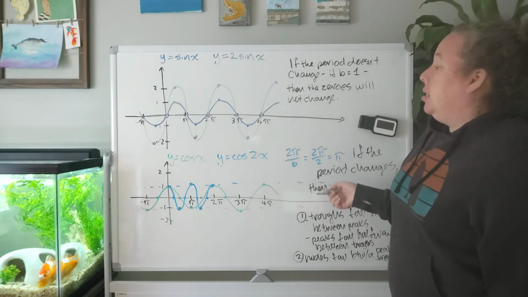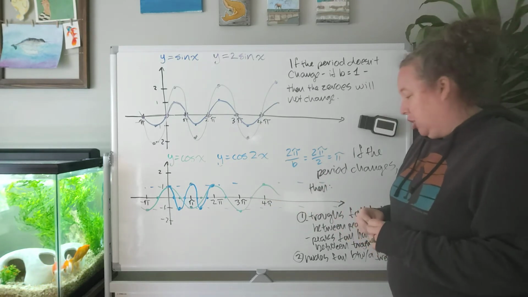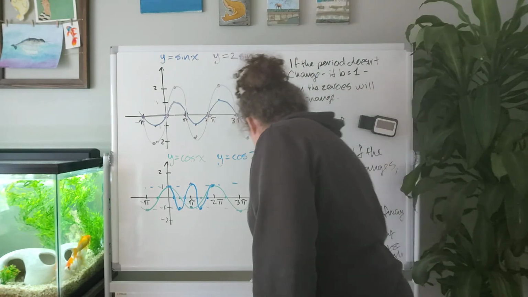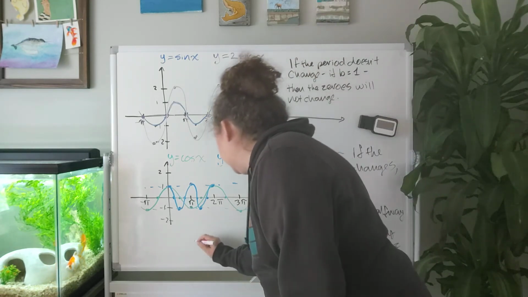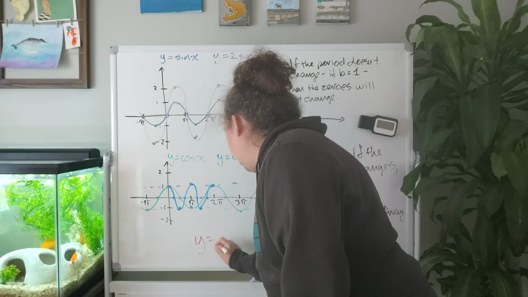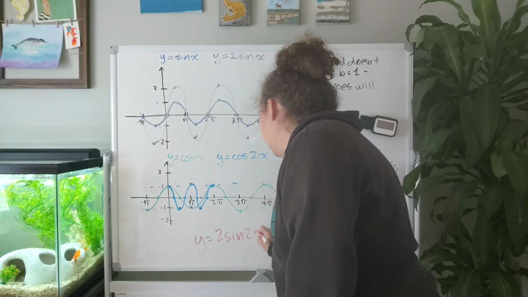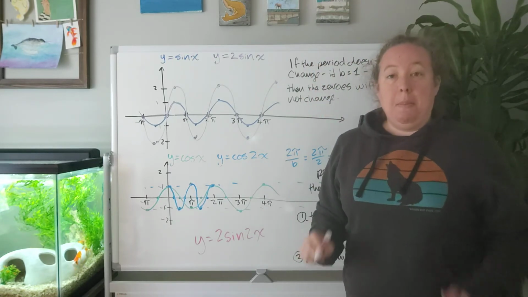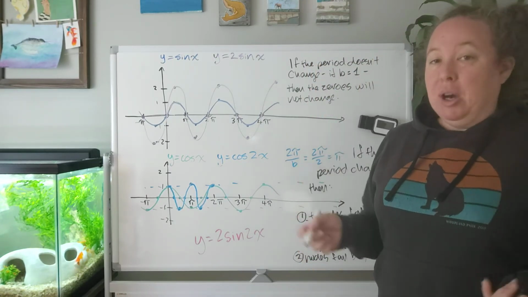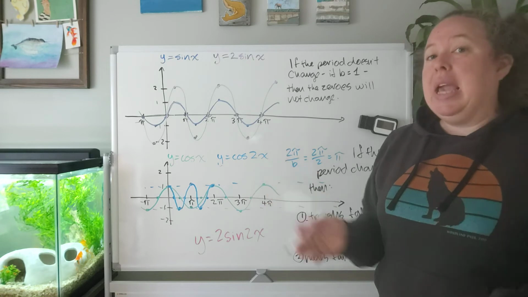Now, let's say that you have an equation, like for example, y equals 2 sine of 2x, and so you're modifying both the amplitude and the period.